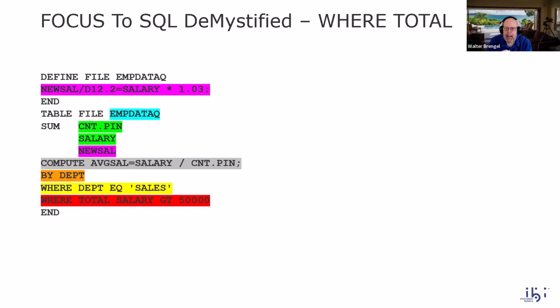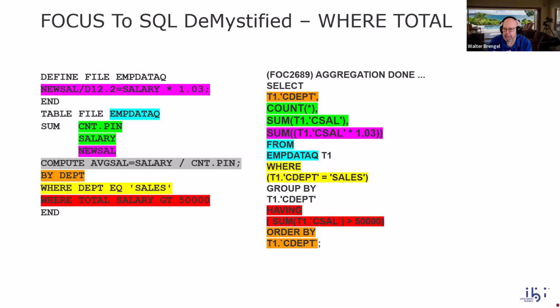So in this case, at the department level, we only want to see departments where the total salary for the entire department is greater than 50,000. And again, I'm limiting it to Department of Sales. So in the relational world, they have an equivalent of a having. So this goes after the group by because everything has to be aggregated at that point, and it's having a sum of C sal greater than 50,000 at the group level.